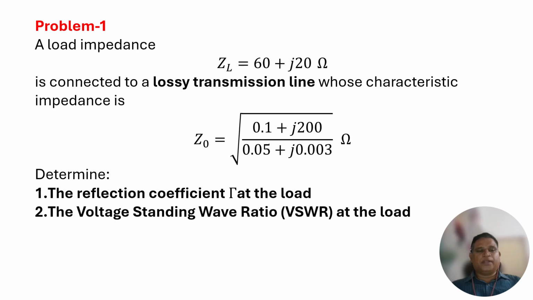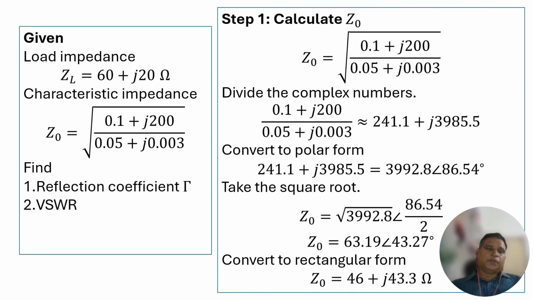Now we have to determine the reflection coefficient at the load and the voltage standing wave ratio at the load. Here the load impedance and characteristic impedance are given, and we want to find the reflection coefficient and VSWR.